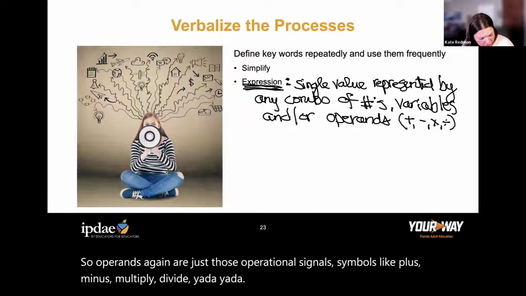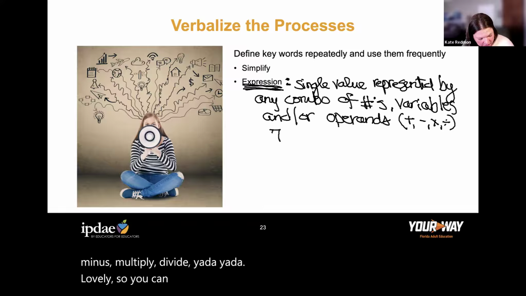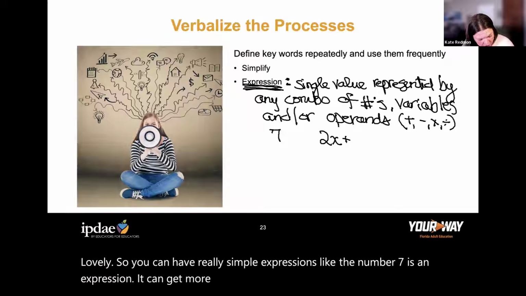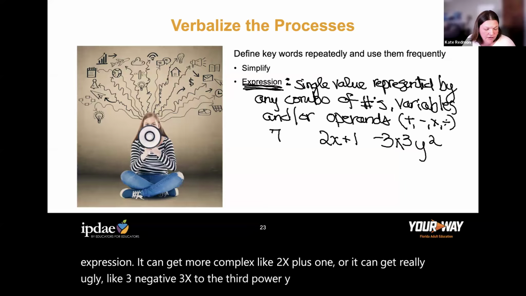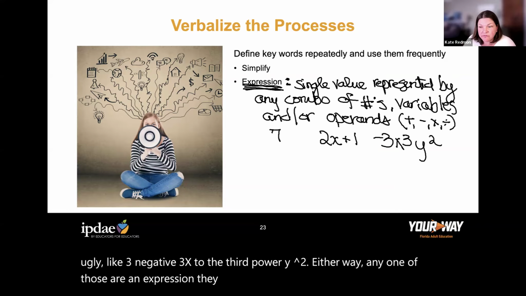Lovely. So you can have really simple expressions like the number 7 is an expression. It can get more complex like 2x plus 1, or it can get really ugly like negative 3x to the third power y squared. Either way, any one of those is an expression. They represent a single value.